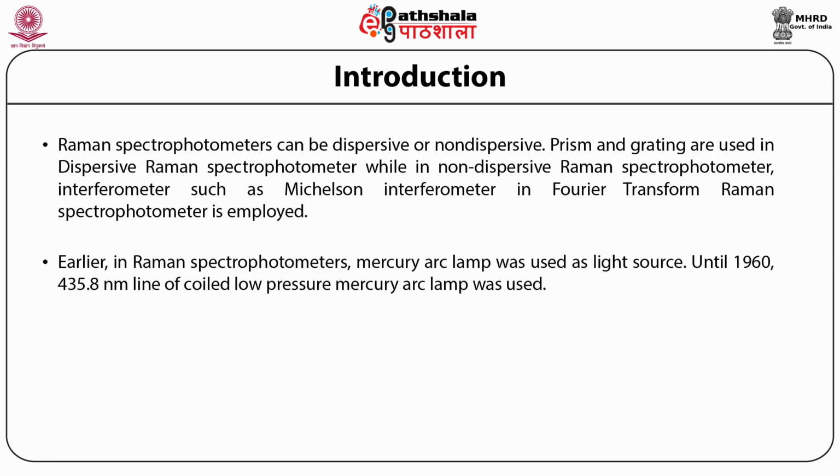Until 1960, the 435.8 nanometer line of a coiled low pressure mercury arc lamp was used. The laser source completely replaced the mercury lamp source. These laser sources provide a stable and intense beam of radiation.